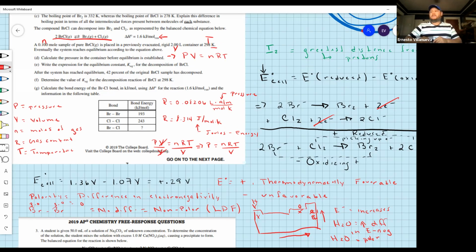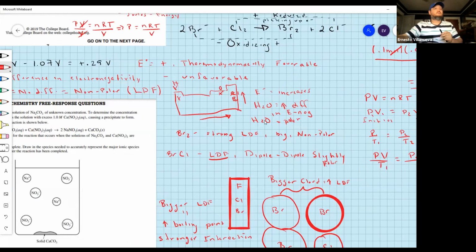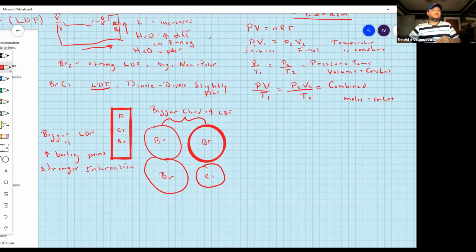Now, the equilibrium constant has to do with the concentration of the compounds. So I'm going to scooch this over. I should probably label these solutions. So for E, write the equilibrium constant.